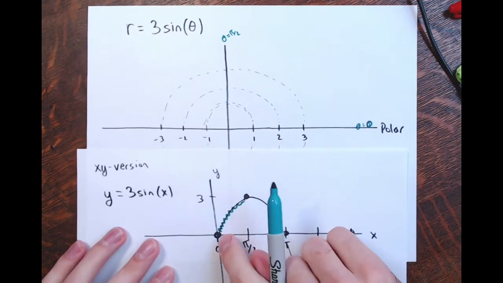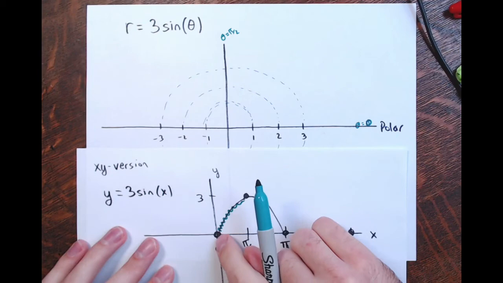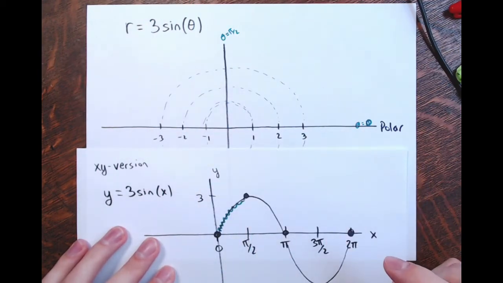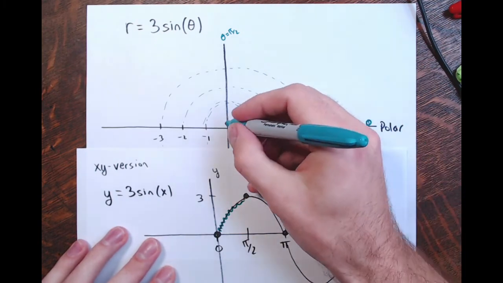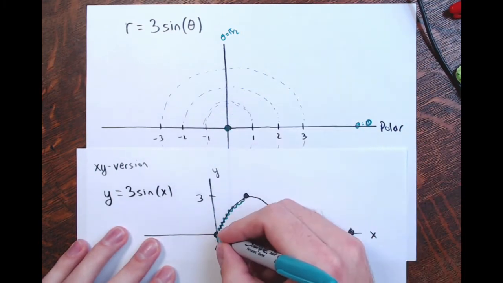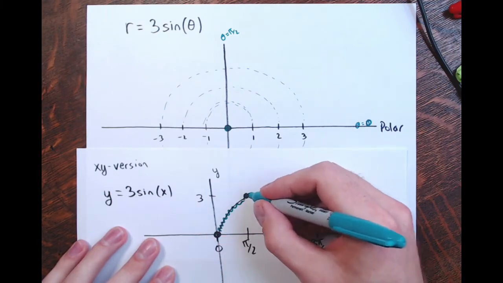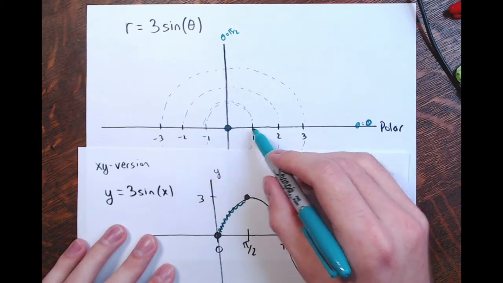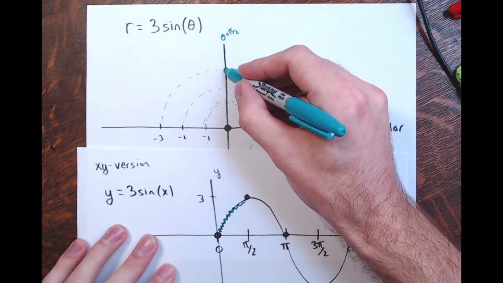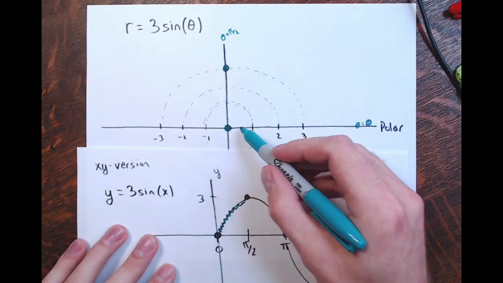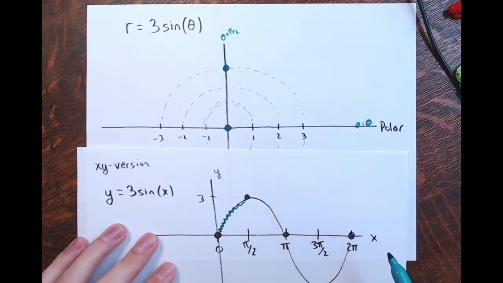And if you look at the value of the y coordinates, I'm going from y equals 0 to y equals 3. Well, that's what's going to happen to the values of r here. So r equals 0 means you're at the pole. That's corresponding to this point. r equals 3 means you're 3 out at pi over 2. That would be this point here. So I plot 3 at pi over 2.